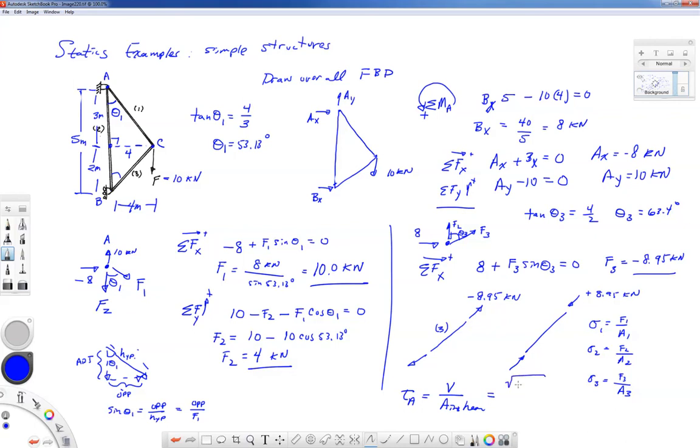Since I have an X and Y component, the shear force magnitude is the square root of Ax squared plus Ay squared at A. And depending on what goes on at the pin, I may be in single shear or double shear, but in any case, I would divide that by the area in shear.